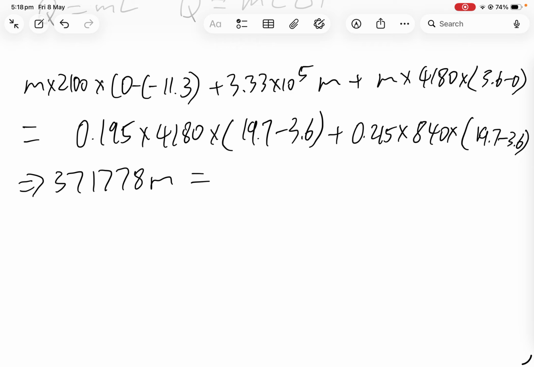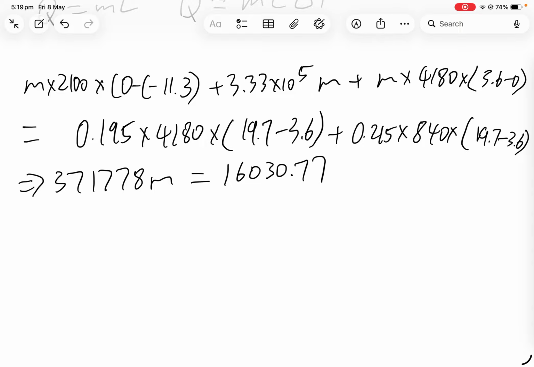Okay, let's do the second half of the equation. So 0.195 times 4180 times 19.7 take 3.6 plus 0.215 times 840 times 19.7 take 3.6. And that is 16030.77.